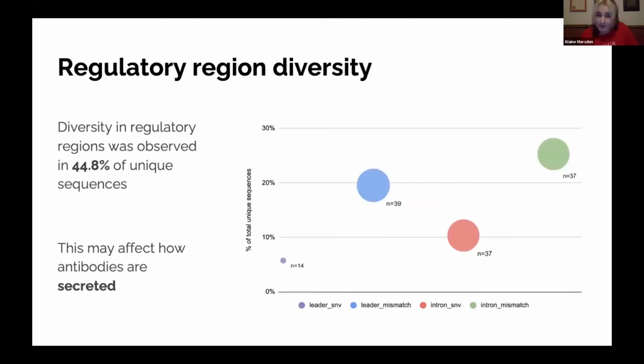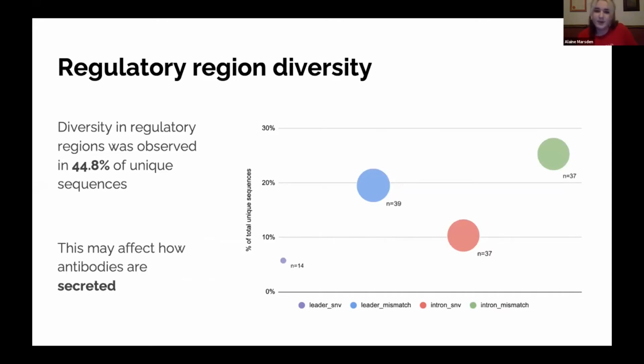And when we looked at the prevalence of this diversity, we were able to see that it was actually surprisingly common, with 44.8% of unique sequences displaying some kind of variation, particularly in the leader sequence or the intron. And this graph on the right-hand side shows you the distribution.